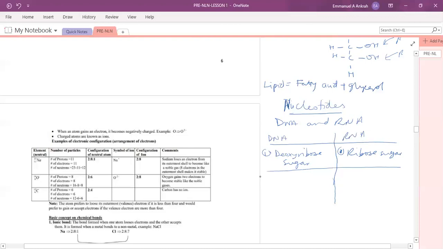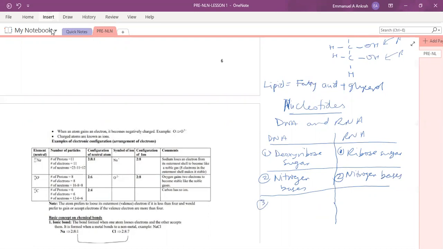Then they all have what we call the nitrogen bases. Now the nitrogen bases, this also has the same thing. So what are the nitrogen bases? One of them is guanine.